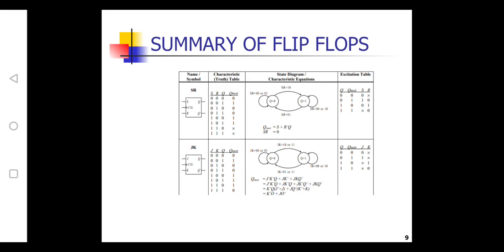That is the reason we are writing S is 0 and R is don't care. Similarly, the next combination is 0, 1. We are having 0, 1 only one time, that is S is equivalent to 1 and R is equivalent to 0. If we are having it twice, then only we need to compare the values of those inputs, and wherever there is a change in the corresponding input, keep a cross mark. This is the way to write down an excitation table from the characteristic table, whether it may be an SR flip-flop, JK flip-flop, T flip-flop or a D flip-flop.